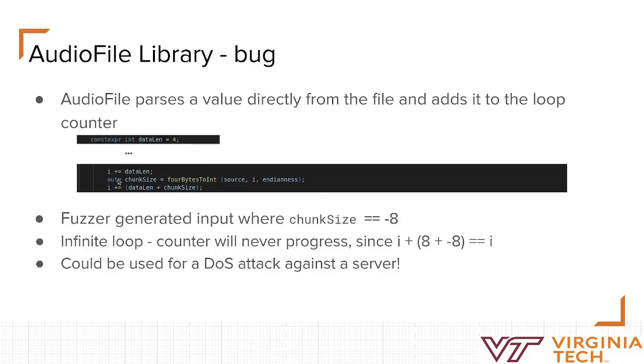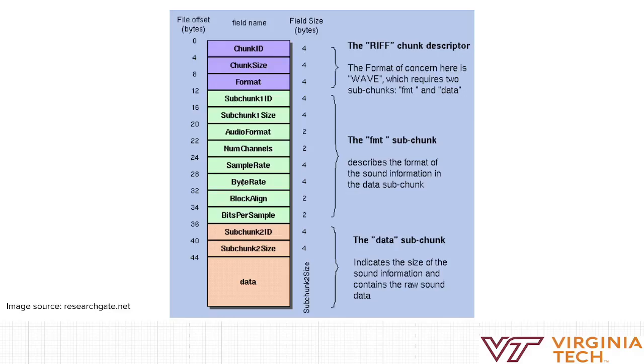So here, this is the end of a for loop. And it parses this 4-byte signed integer value from the current offset in the file. And this is supposed to be the chunk size.